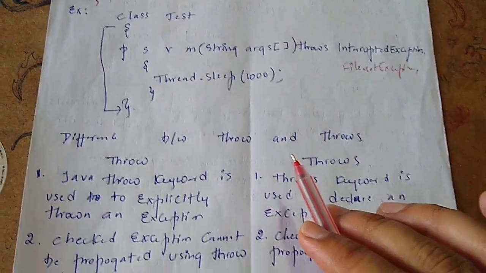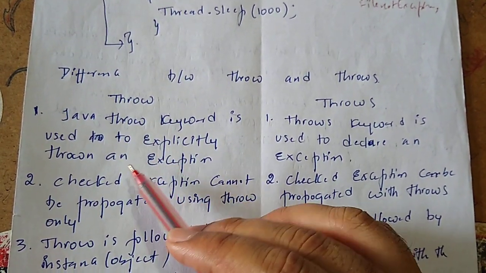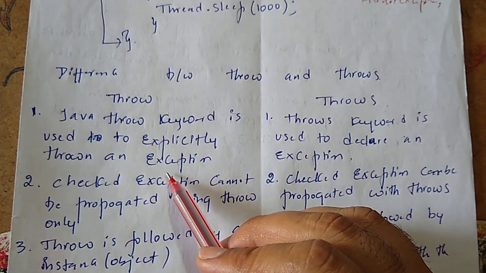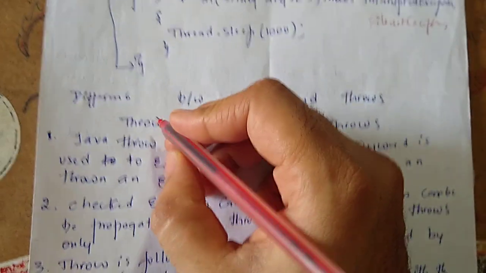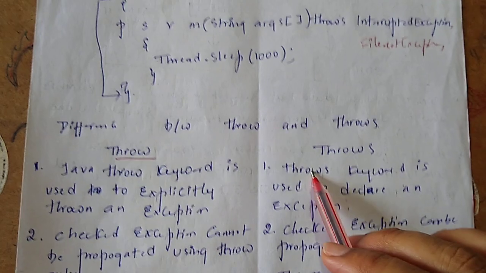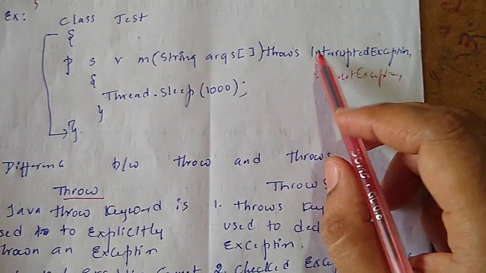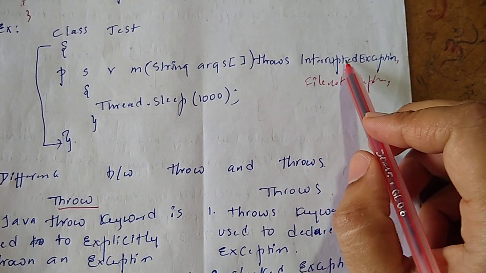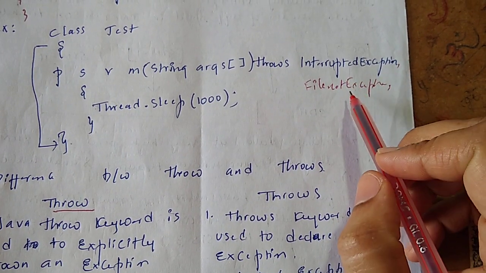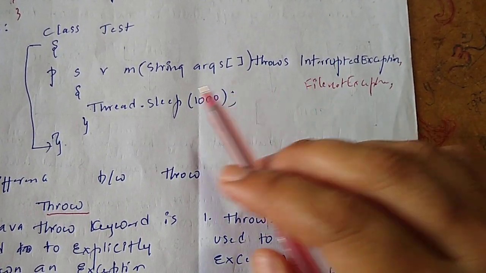Now we'll see the difference between throw and throws. The Java throw keyword is used to explicitly throw an exception. If you want to throw an exception explicitly, you use the throw keyword. What is the use of the throws keyword? The throws keyword is used to declare an exception. Here we are just declaring InterruptedException and FileNotFoundException, which may be generated within this method.